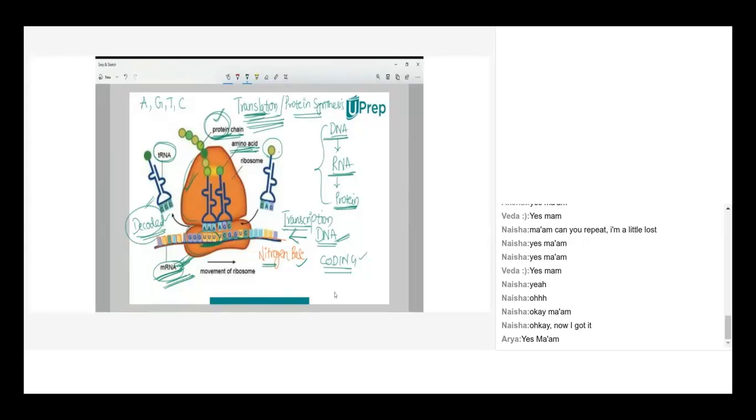Clear? With amino acids, if you take this is amino acid 1, this is amino acid 2, amino acid 3, amino acid 4, and so forth. Like that, each individual amino acid will be produced. See here, one amino acid, second amino acid. Like this, amino acids will be produced, and each amino acid is joined together with covalent bonds. I hope you know everything about covalent bonding. Yes, ma'am.